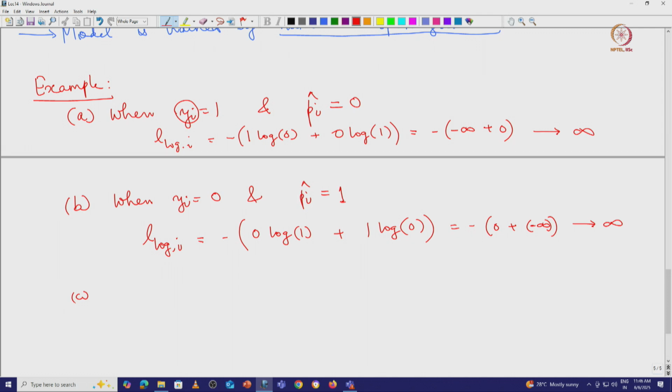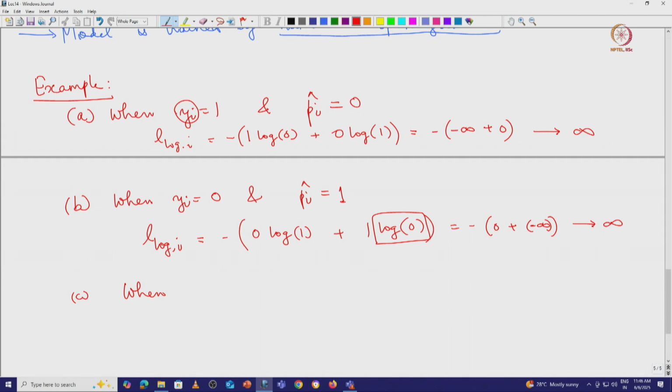And of course you can think about how this is implemented. If you try to write log 0 on a machine, obviously it may be undefined, but you can define it to be a very large number. Now the third case is when the model works really well, and in this case the loss should be 0, and we can indeed show that.